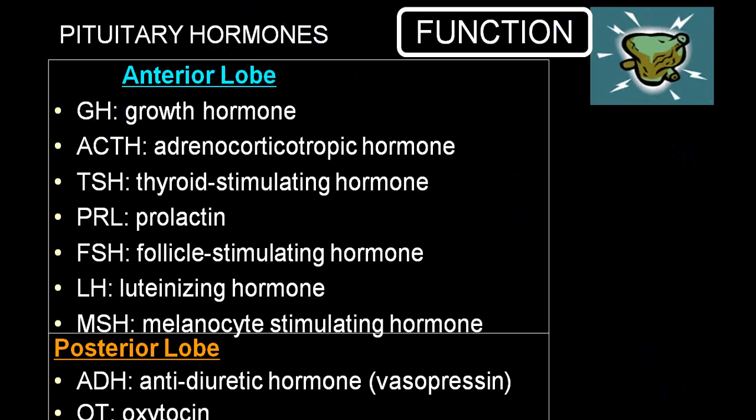We have already shown you this in the hypothalamus slide, where we mentioned growth hormone, ACTH, TSH, prolactin, FSH, luteinizing hormone, MSH. There are two groups of hormones: one secreted from the anterior lobe, and one stored in the posterior lobe and secreted out during stimulation, that is ADH and oxytocin.